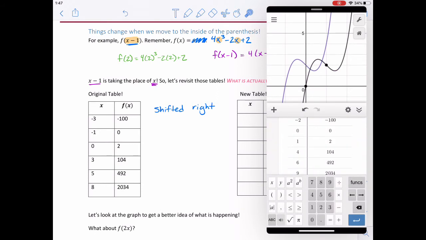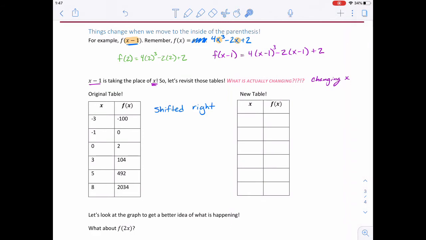All of our x's have been shifted 1. And so we see -2, 0, 1, 4, 6, and 9. And we get the exact same values for our function that we had before.